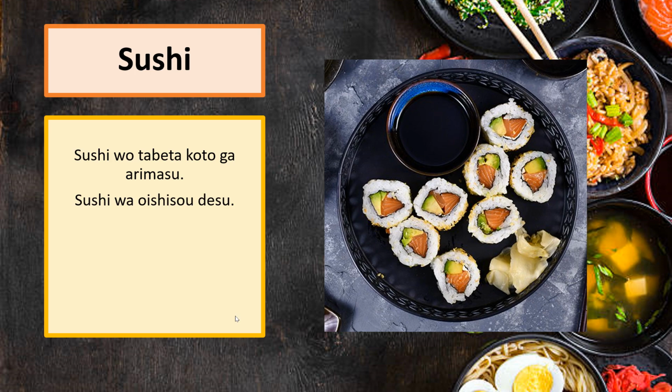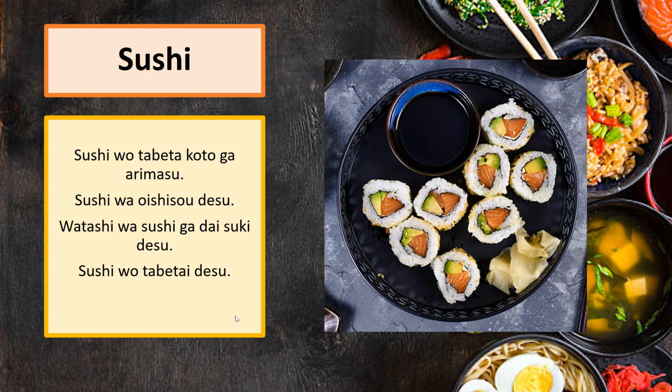Sushi wa oishisou desu. The sushi looks delicious. 私は寿司が大好きです。I love sushi. 寿司を食べたいです。I want to eat sushi. And 寿司を食べてください。Please eat the sushi. お寿司を食べてみてください。Please try eating the sushi.